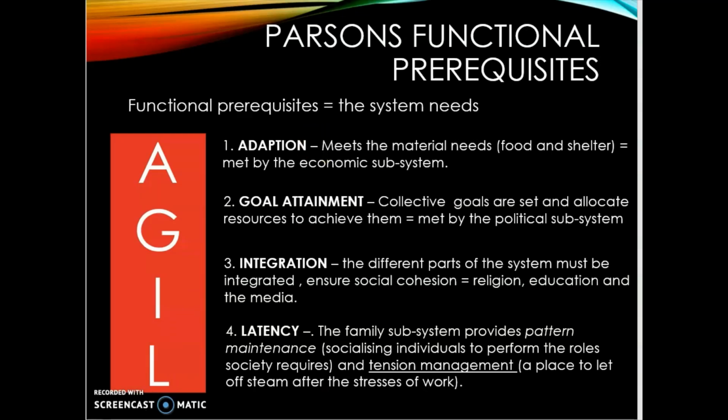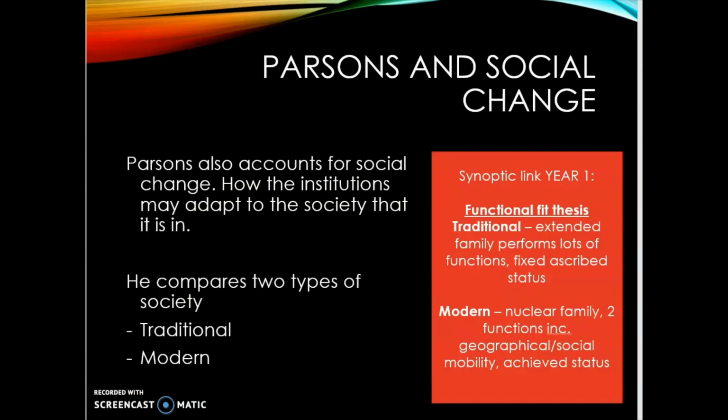Okay, so, but another thing that he identified was that society has not always stayed the same. So he also accounts for social change, how the institutions may adapt to the society that it's in. And we've briefly touched upon this within the family, and he compares 2 types of society, a traditional and a modern society.